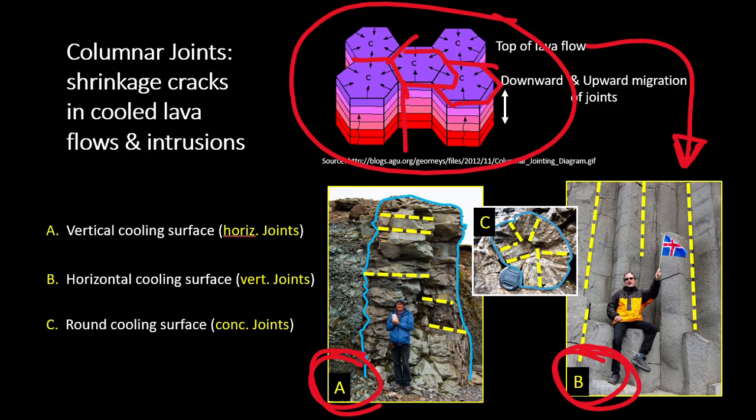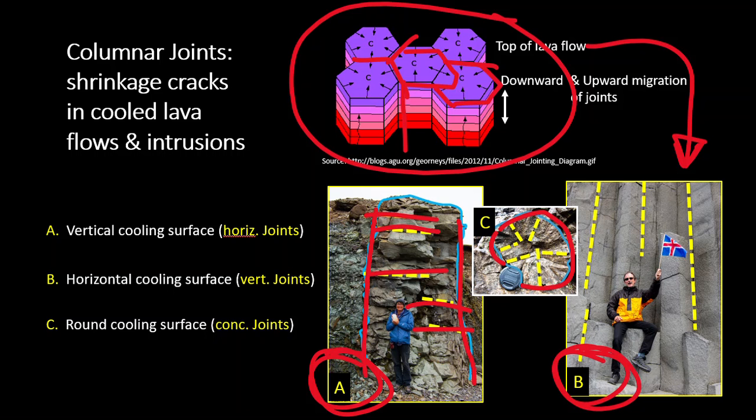On the other hand, in A, the cooling surface itself is vertical, and so the columnar joints tend to be horizontal. And then in C, we're actually looking at a feature called a lava pillow. And a lava pillow is just sort of a bulbous blob of lava that forms underwater, in this case in Iceland, underneath a glacier.